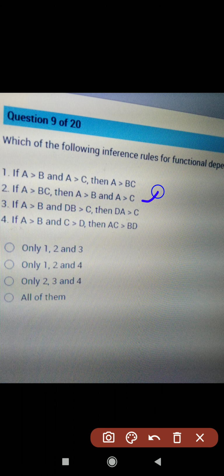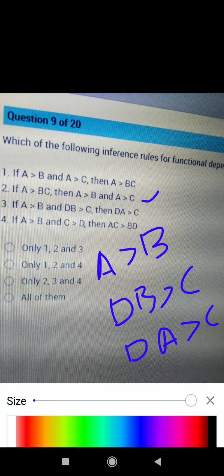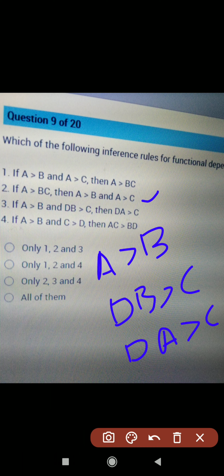Now this is true. Okay, next go to the third option, that is if A is greater than B, then D into B will be greater than C. Okay, so A is greater than B and D into B is greater than C. This is already given, and they are telling that D into A will be greater than C. So the thing here is that you can see A is already greater than B. That means if I replace this B with A, the sum is going to be increased or decreased?